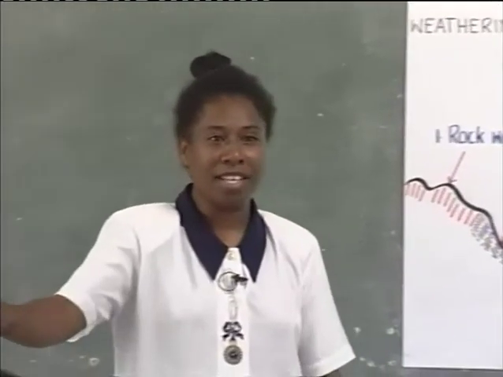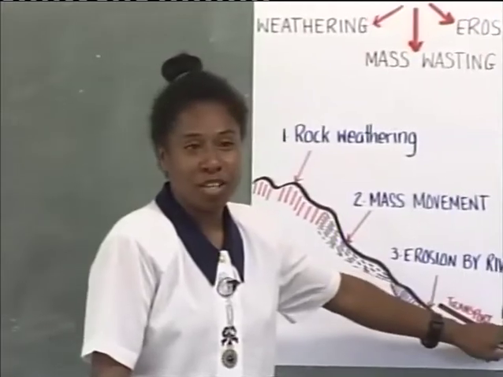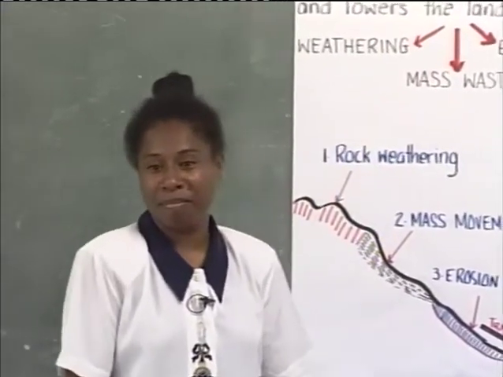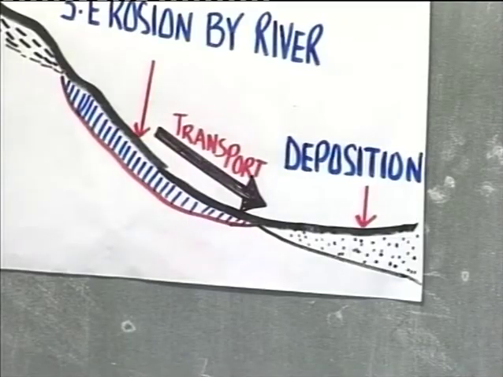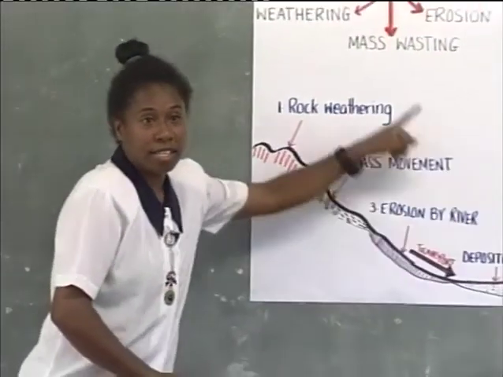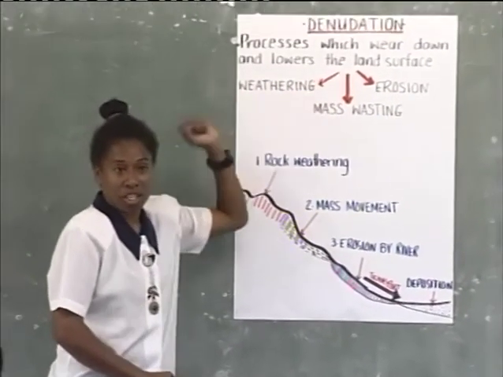Ovio? Okay, Ovio is going to try because Caleb said he does not know why this is not a process of denudation. The question again, why is it that deposition is not included as a process in denudation?